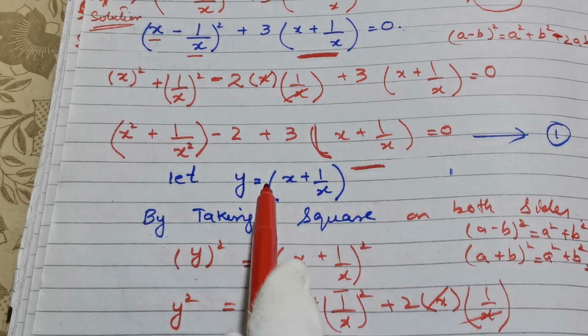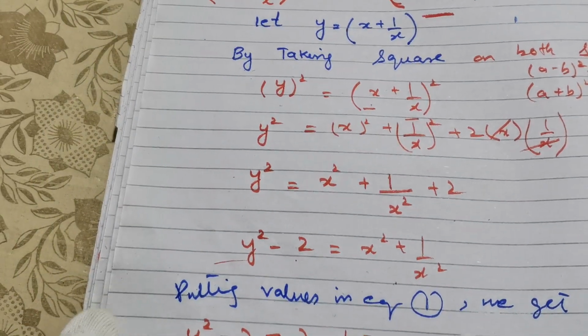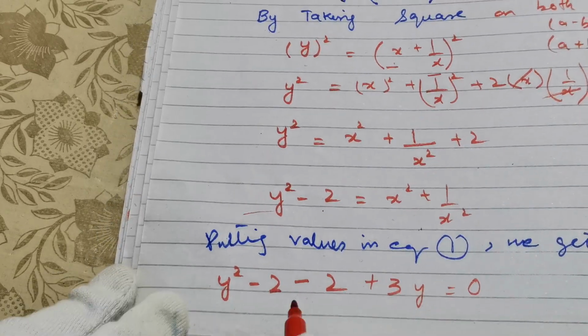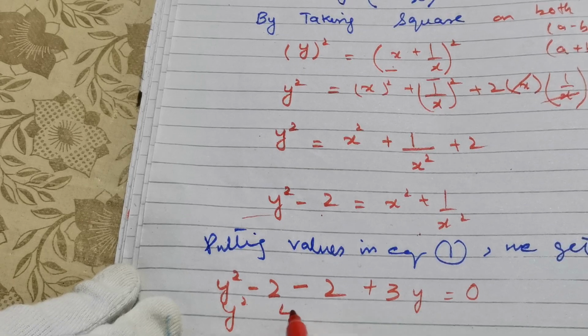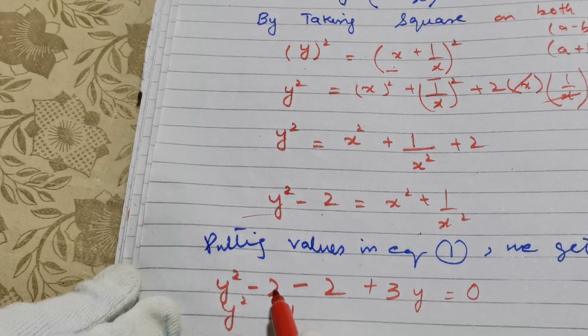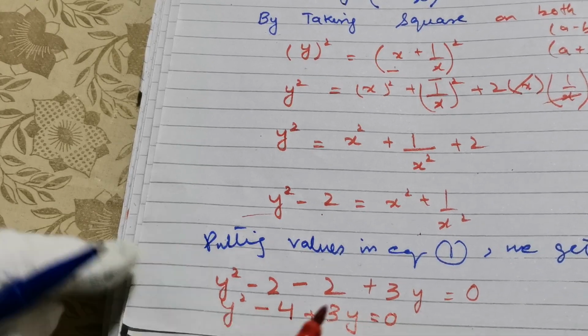We consider x plus 1 by x as y, so plus 3y equal to 0. Now y square minus 2 minus 2 gives y square minus 4 plus 3y equal to 0. Now we solve this equation.